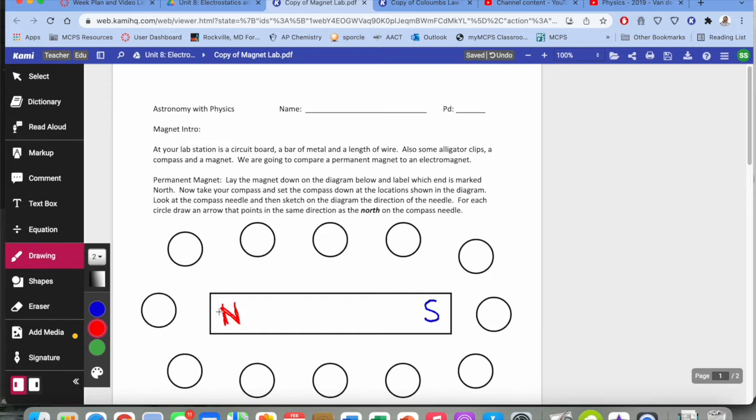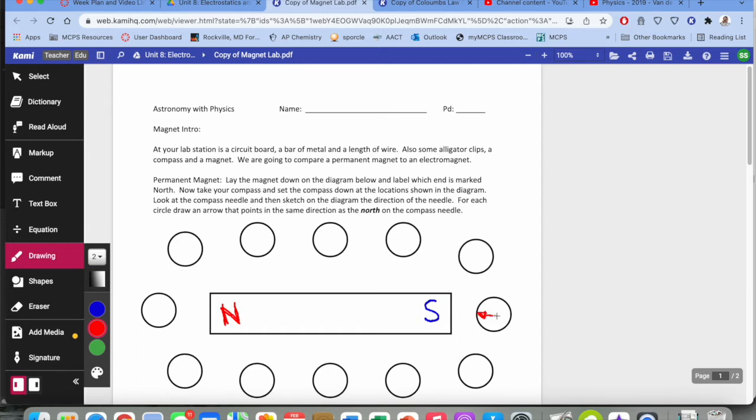Now you didn't have a magnet on your piece of paper, but you would be drawing the arrow that was on that compass, and one end of the needle was colored, and it was the north end of the needle. And if you recall, when we were at the south pole of the permanent magnet, the compass needle pointed straight towards it.